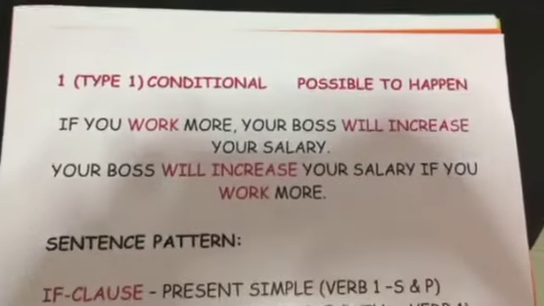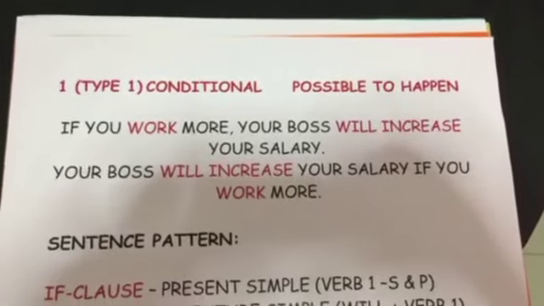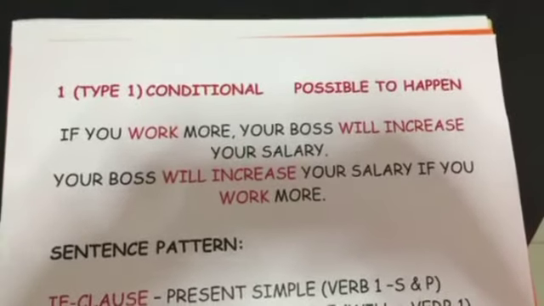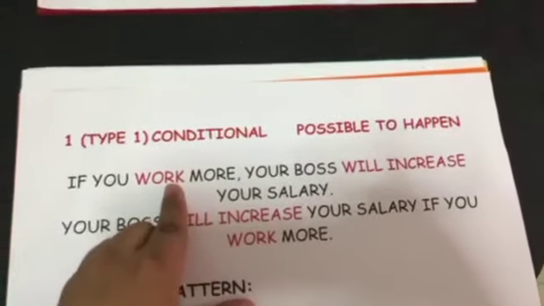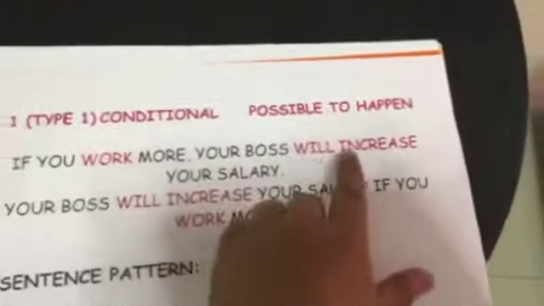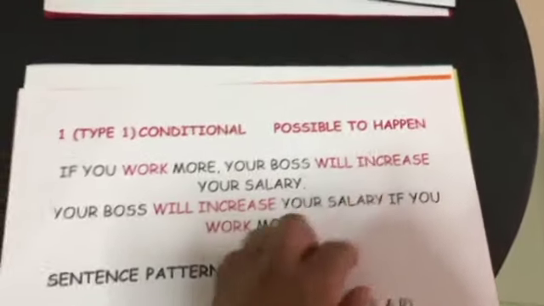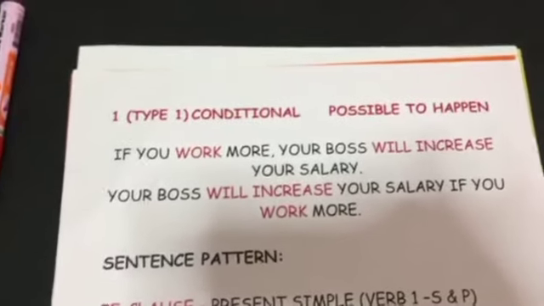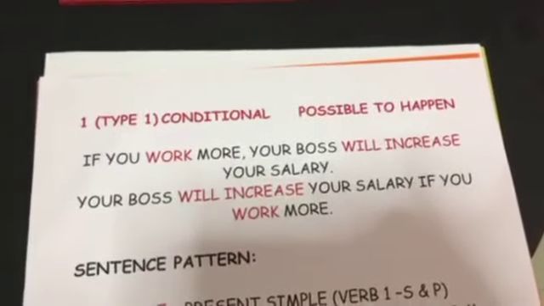For example, if you work more, your boss will increase your salary. It's very possible in the future. Okay? So notice in the if clause, you have present simple, and in the main clause, you have future simple. That is if you're talking about something which is real and something which is possible to happen in the future.